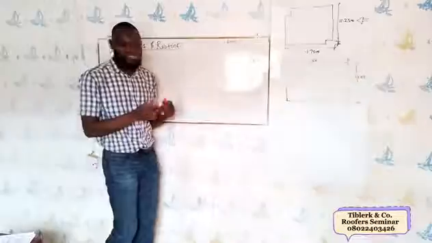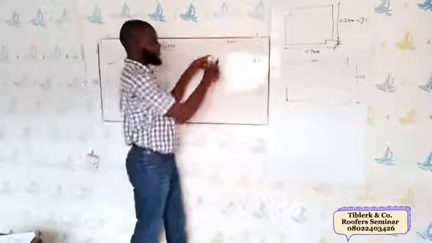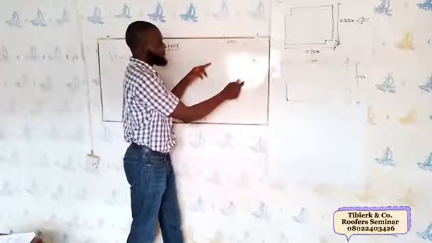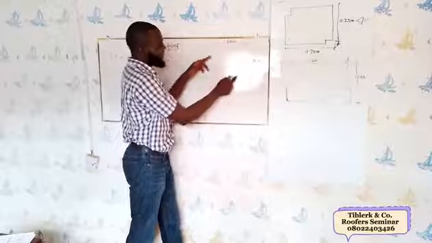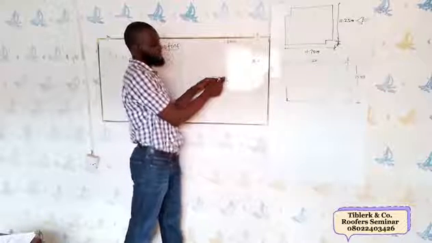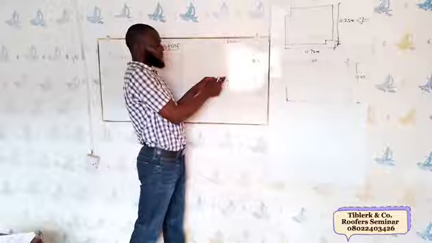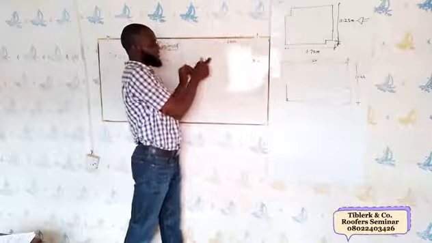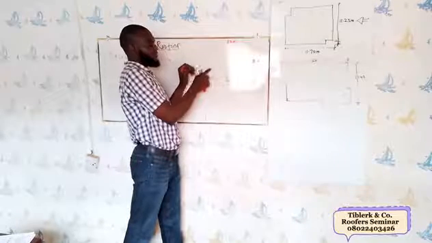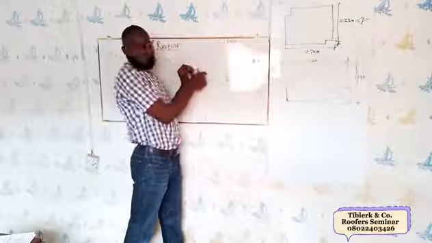What are the recess and what are the projections? This is the main line of the building. This is a projection. It projects outward.